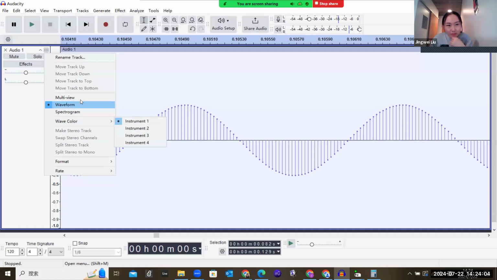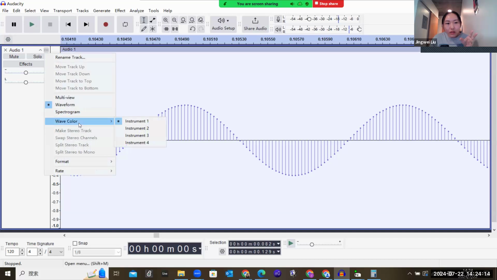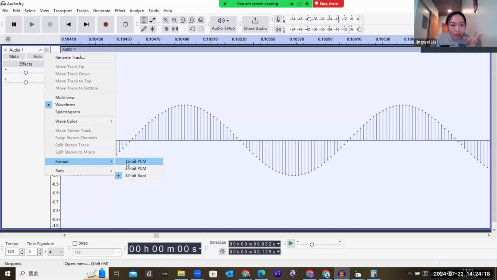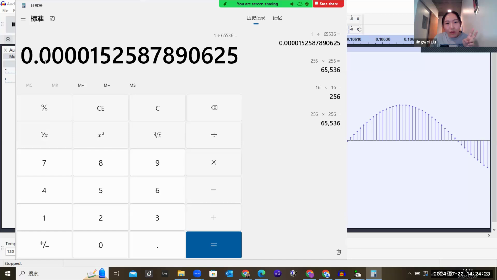The problem is why you cannot see any difference when you choose different bits: these bits are too fine. Even if we choose the most coarse one here, 16, the resolution is still 0.00001.